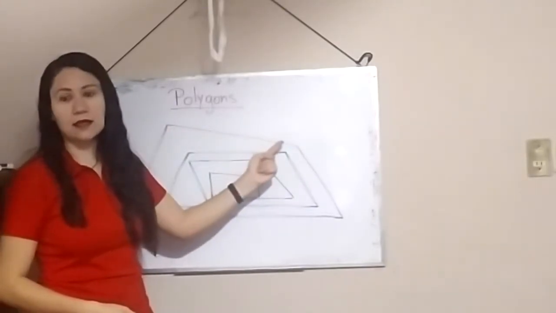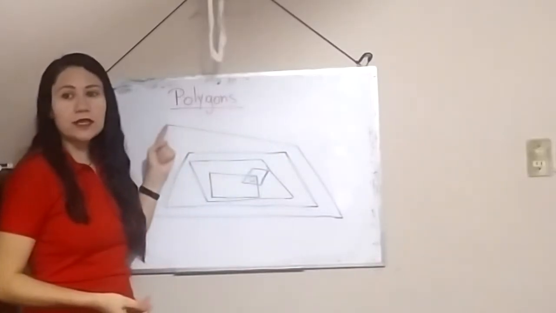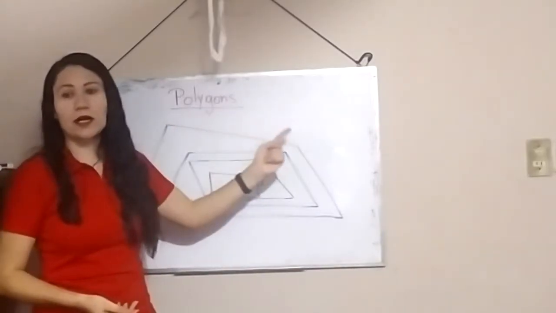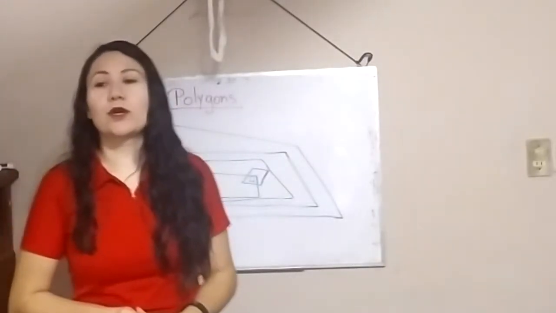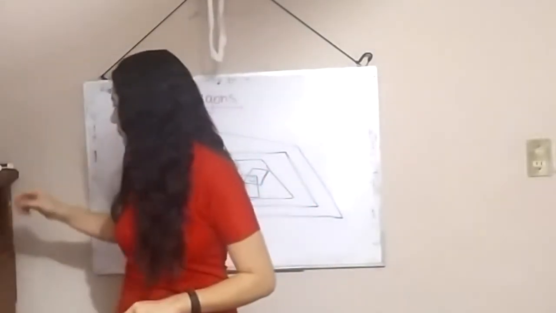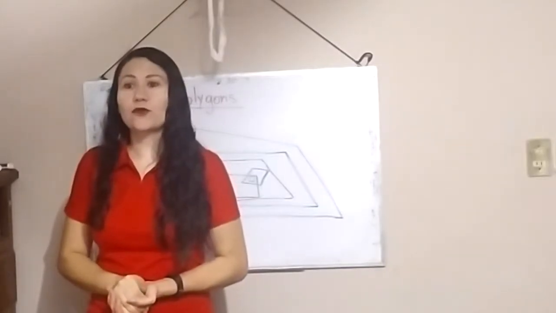That is a side. So we are going to trace diagonals only on vertices that are not already joined by a side. In quadrilaterals, we only have one diagonal, okay? Let's see some examples for other.